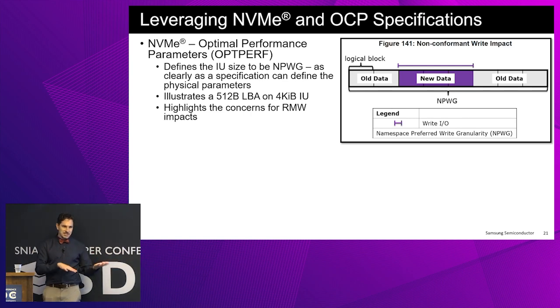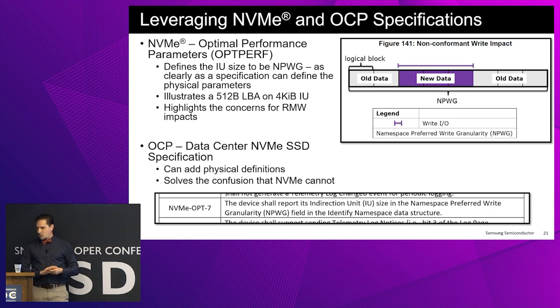So in standards, you can't quite say, make this your IU size, right? That's not quite acceptable in a standards document. But as much as possible, it was highlighted that make NPWG equal to 4K or your indirection unit size there. I think OCP really helpfully came along and just said, do it.